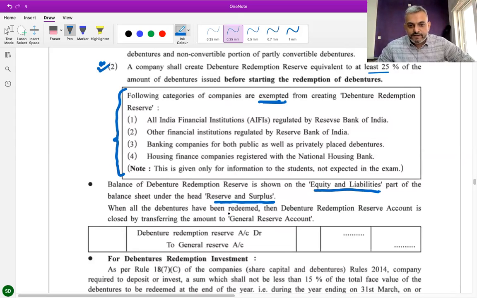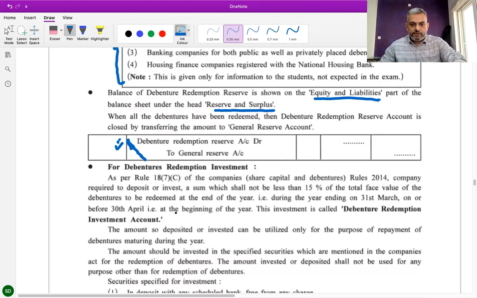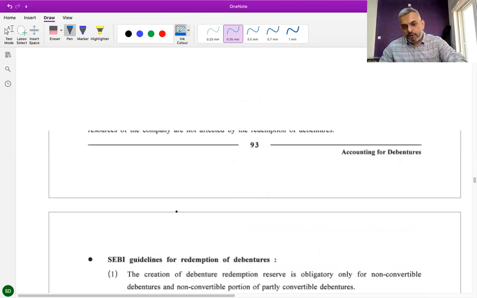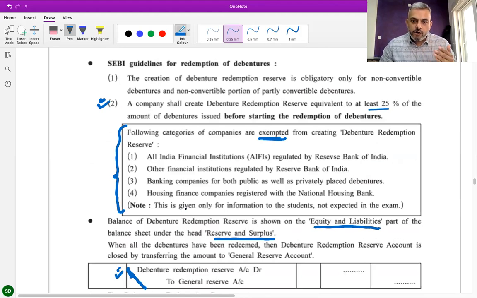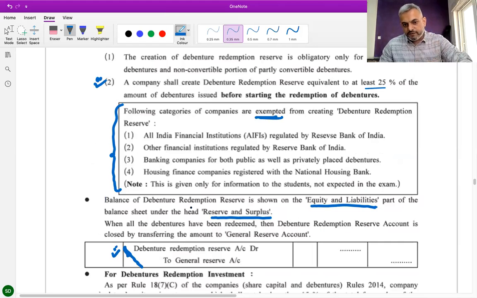When all debentures have been redeemed, then the debenture redemption reserve account is closed by transferring the amount to general reserve account. So this is an important entry. We have to do it at the end. So let's proceed now. So far, what we have seen is creation of debenture redemption reserve account. Now, that is 25%. Please remember this in your mind.